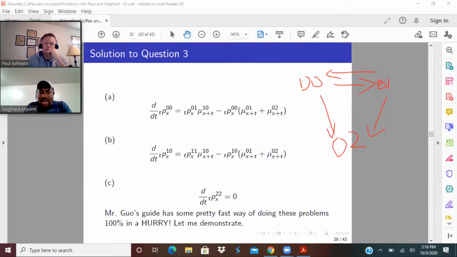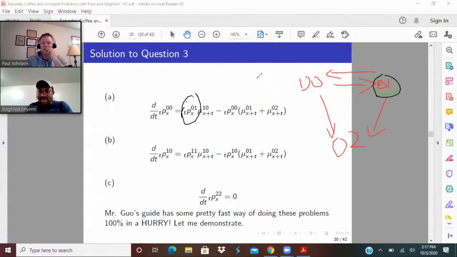So if we look at P00, the folks that are coming in, let me change the color a little bit, maybe green should do. The folks that are going to 00 would be from, maybe a black, would be from 01. So that's why we have this P01 over here. P01 moves to 00 with a transition intensity of what?